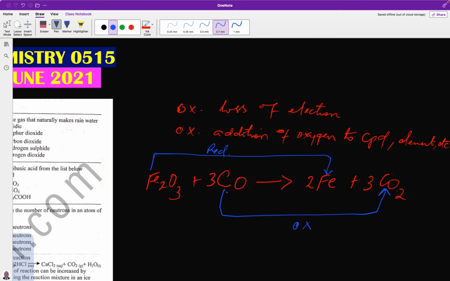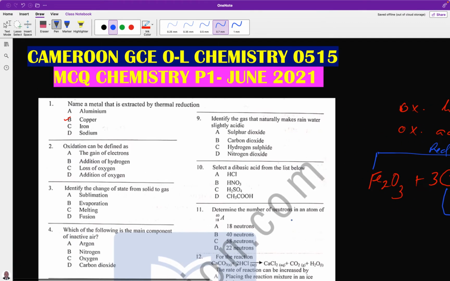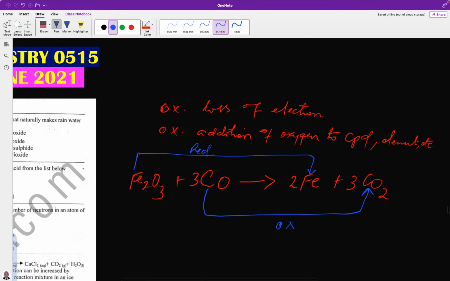From here you can see that this is the addition of oxygen to a compound. This is what we call oxidation. So going back to question number 2, oxidation can be defined as addition of oxygen. D is the right answer, addition of oxygen.